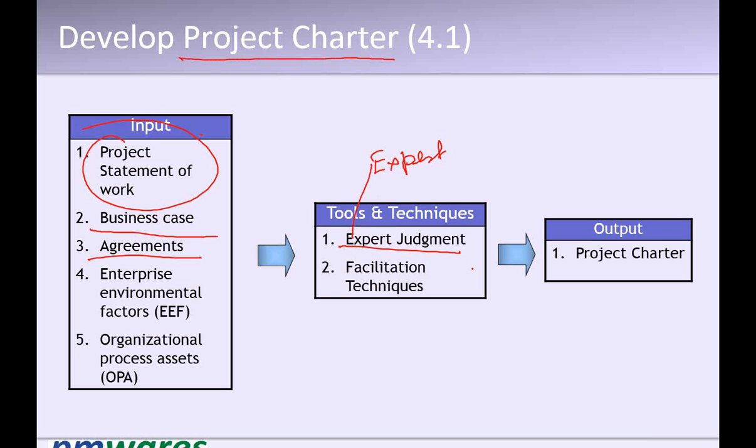In fact, if the project manager is already identified, the project manager can write and take a sign off from the sponsor or senior management. It should be some senior person who has authority over the project and the organization resources. The person who has authority over the organization resources can only give authority to other people, right? That is how it is.